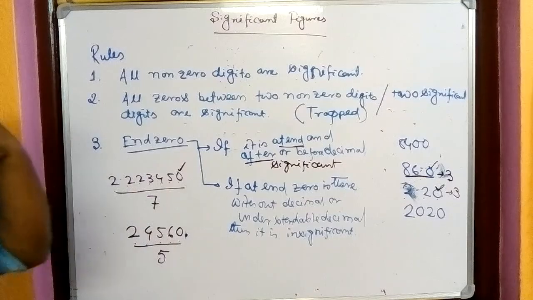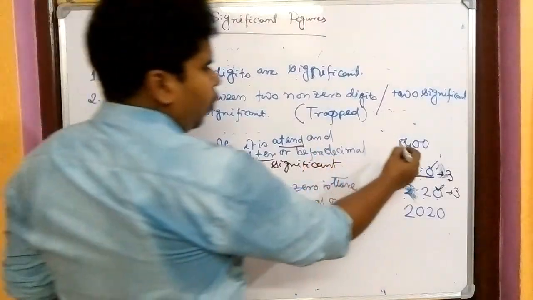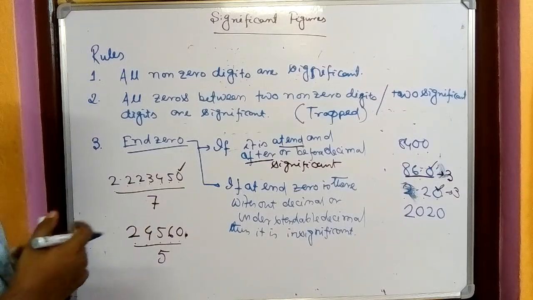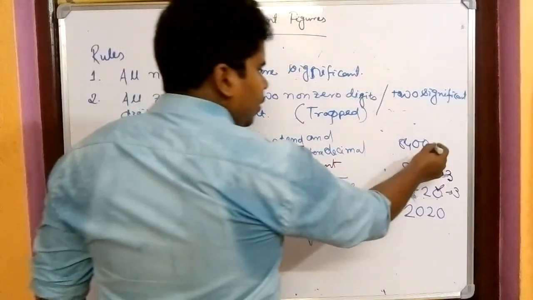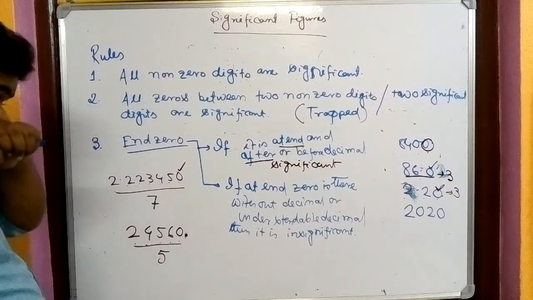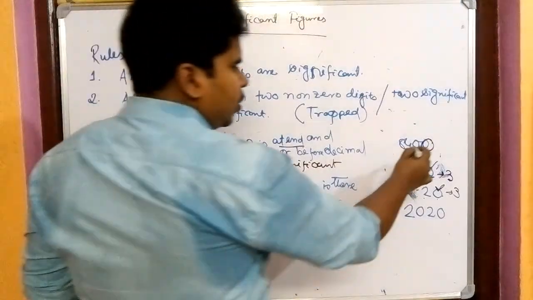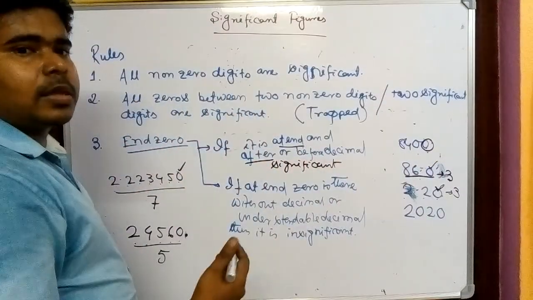Now we have to go to the last one, 8400. Is any decimal there? You say no. The 0 is at the end, yes. Any decimal? No decimal is there. So this 0 is insignificant.